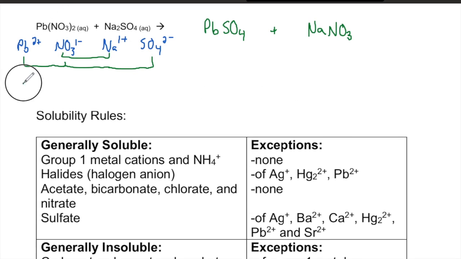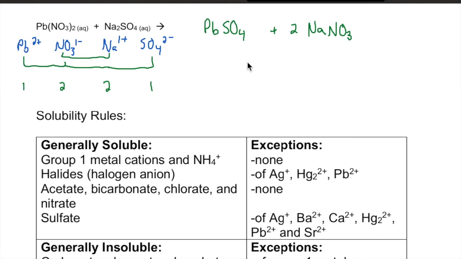So originally we have 1 lead, 2 nitrate, 2 sodium, and 1 sulfate. So making 1 lead sulfate works out. The 2 sodium and 2 nitrate will end up making 2 of the sodium nitrate. So I just did a kind of a shortcut to balance that.